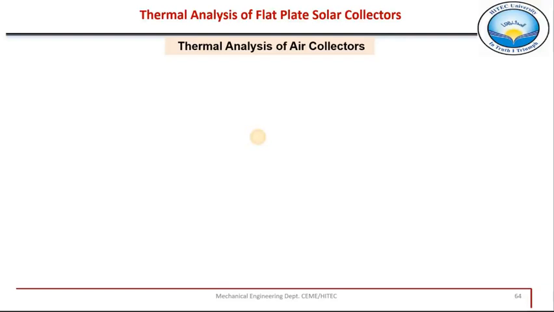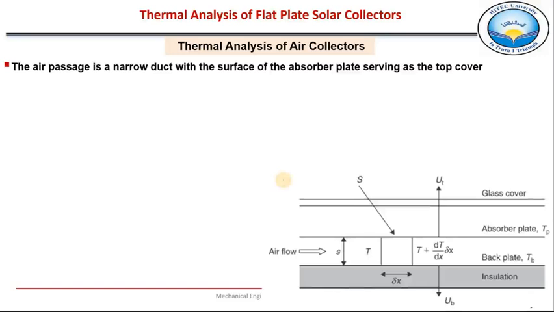The schematic diagram of a typical air type flat plate solar collector is shown here in this figure. The air passage is this one. Here is the glass cover, the top one. There could again be more than one glass cover. Then there is this absorbing plate which absorbs the solar radiation, and at the bottom of this absorber plate there is the air flow passage.